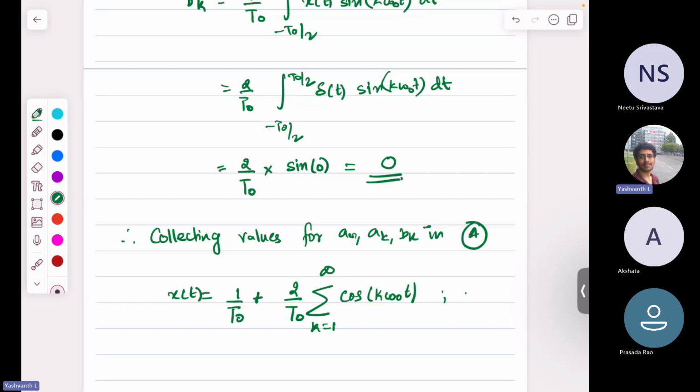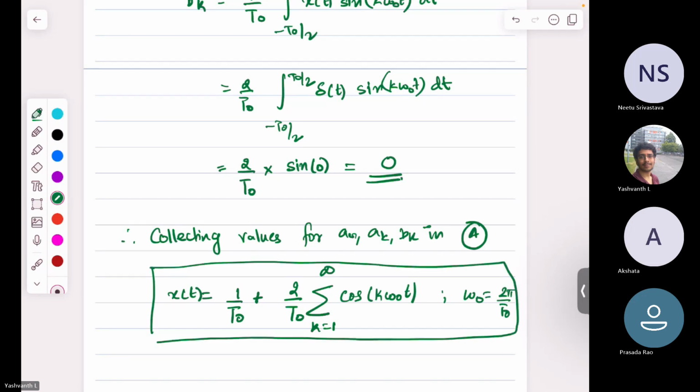So this is basically your trigonometric Fourier series.